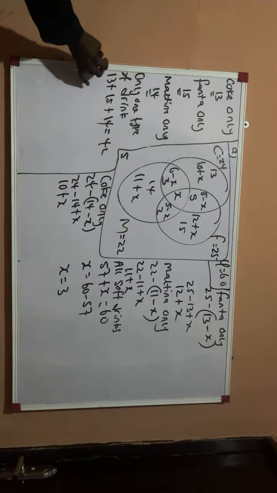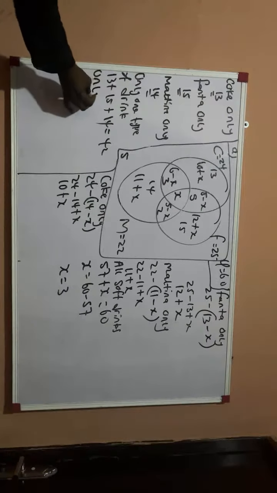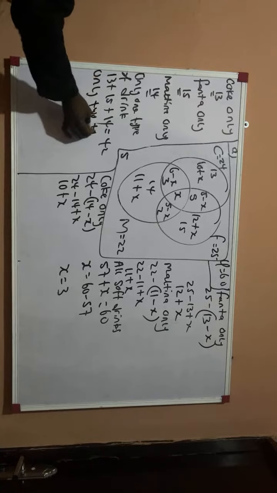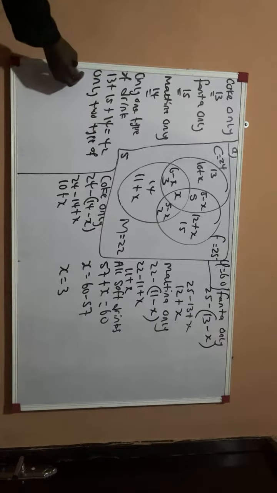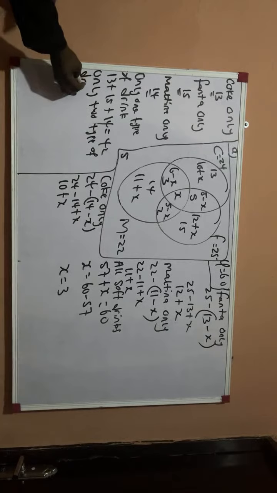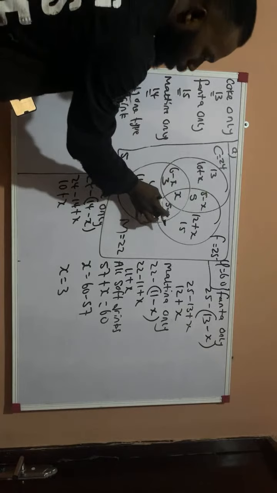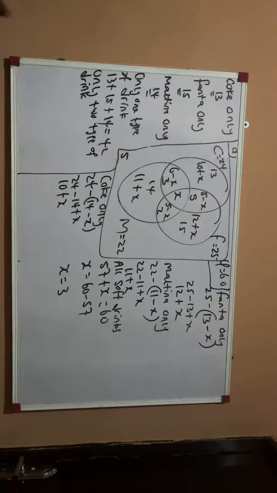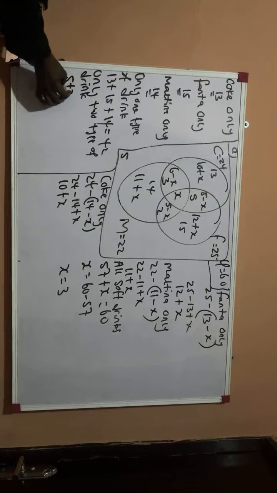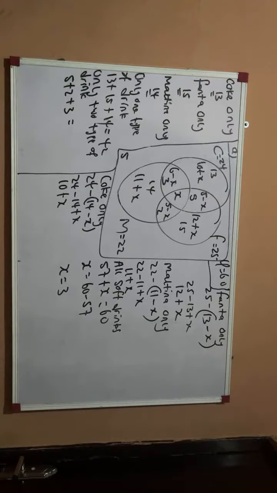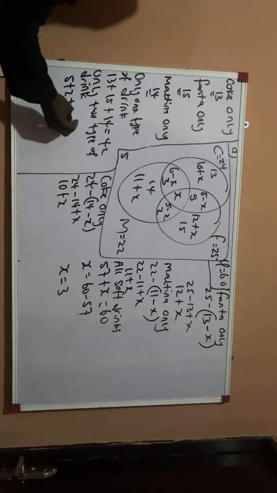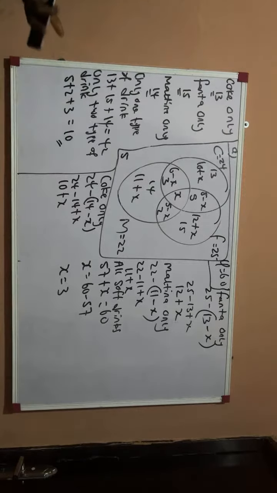So, only two types of soft drink becomes 5 plus 2 plus 3. 5 plus 2 gives us 7, and 7 plus 3 gives us 10. So this was the question that was given, and this is the solution to that question.